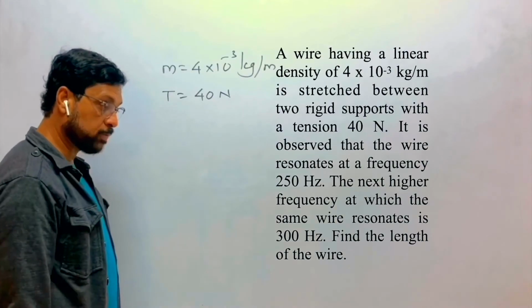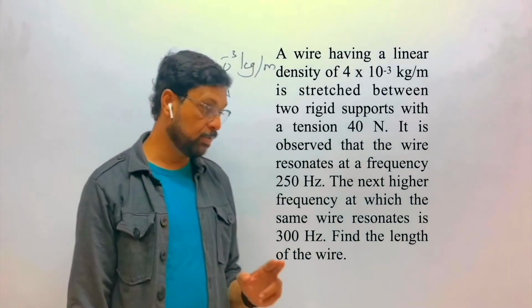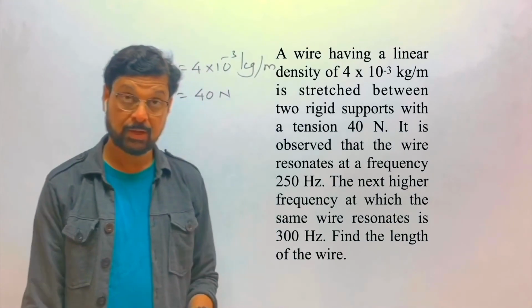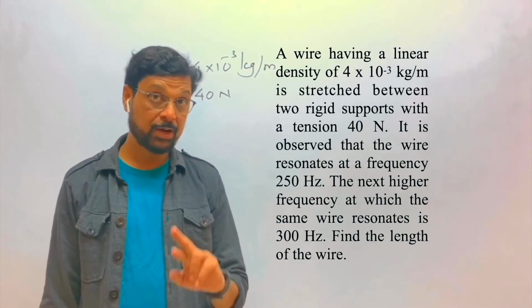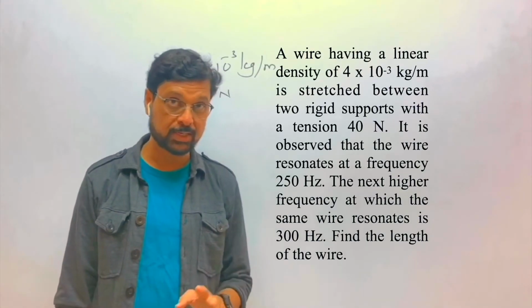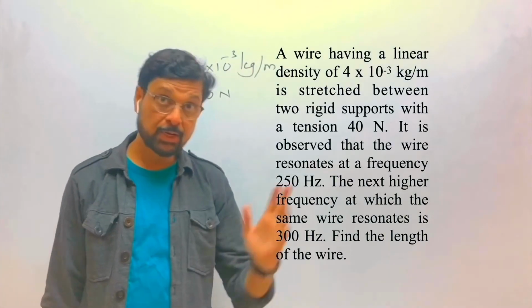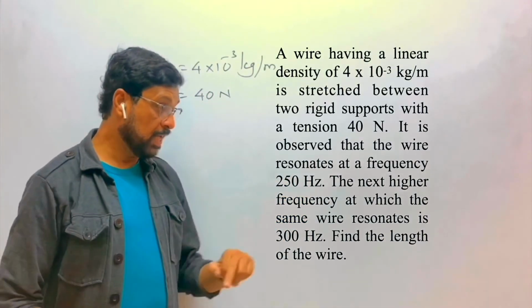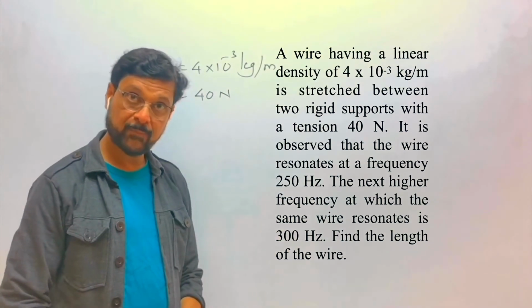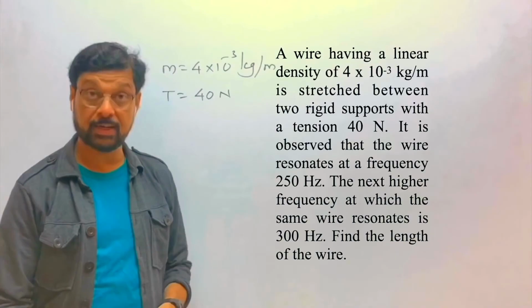It is observed that the wire resonates at a frequency 250 Hz. वायर की एक फ्रीक्वेंसी है 250 हर्ट्ज. वायर रेजोनेट्स एट 250 हर्ट्ज, मतलब उसकी फंडामेंटल फ्रीक्वेंसी नहीं है, कोई एक फ्रीक्वेंसी 250 हर्ट्ज है. The next higher frequency at which the same wire resonates is 300 hertz.